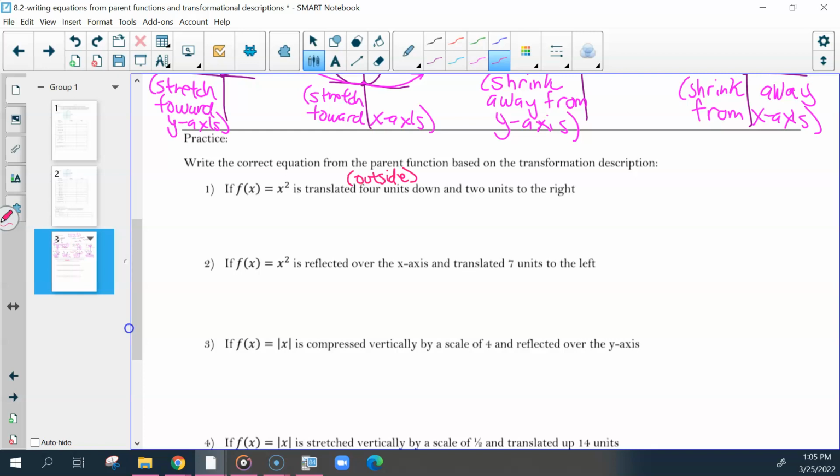We haven't gotten that far yet. If I was just moving something down, how would I write that? Okay, look back at your previous examples. How did we move something down?